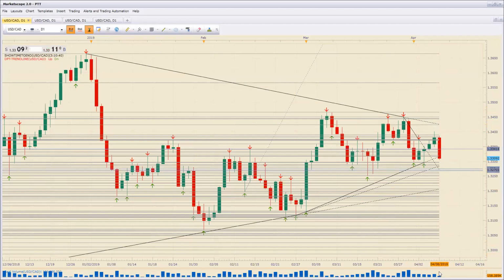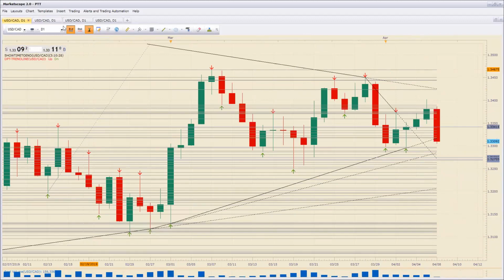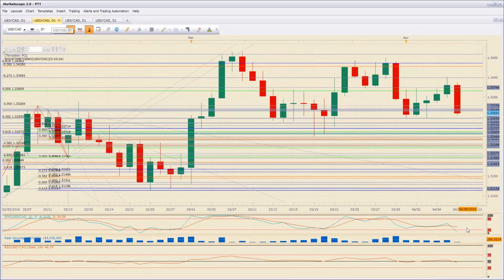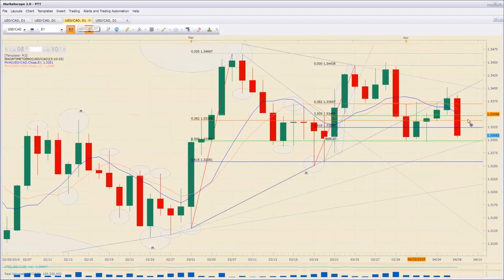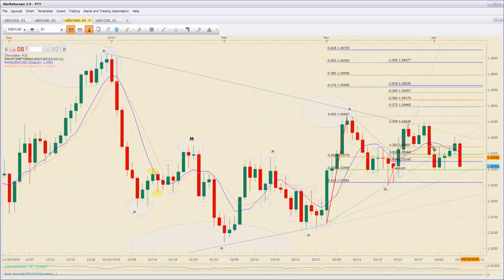Volume's not really there though, so it could have a short-term correction of some kind. It should be oversold. And then the M3s stayed underneath, so continuation of the short.